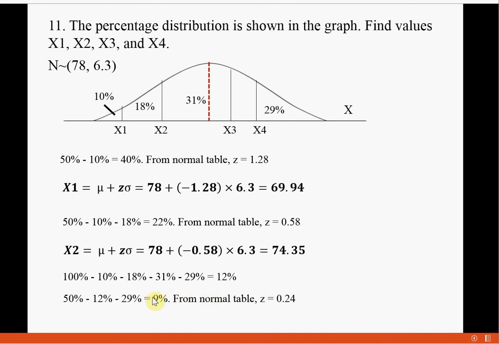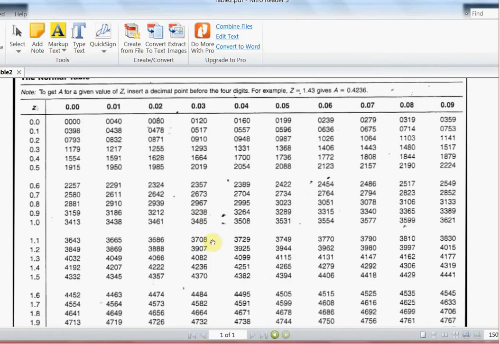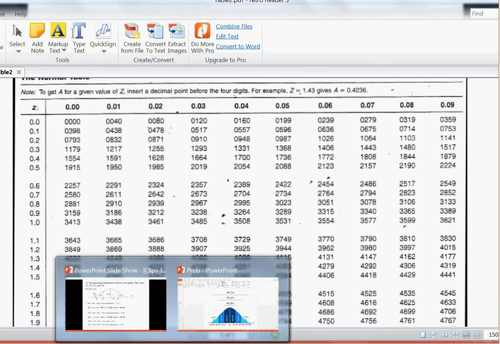Looking at this table, obviously 9.1 is closer to 9% than 9.48. So let's use 0.23.